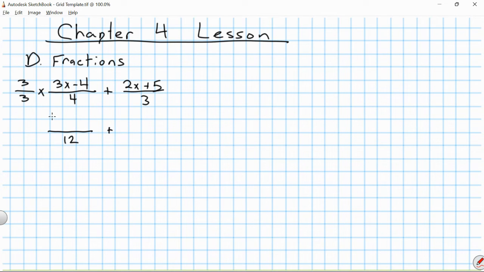What do we do to the top? Well, we're going to distribute that 3. By the way, if you remember this, it'll prevent you from making a lot of mistakes: treat the thing that's in the top of the fraction as something that's in parentheses every time, and you won't go wrong.